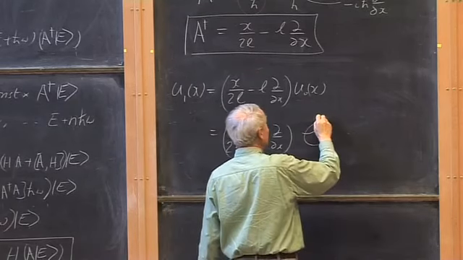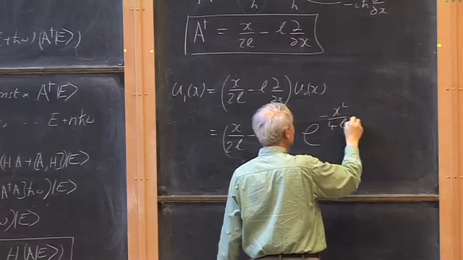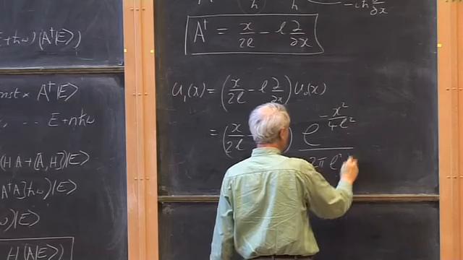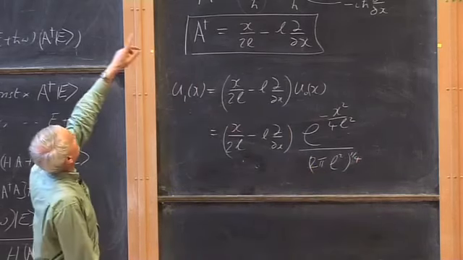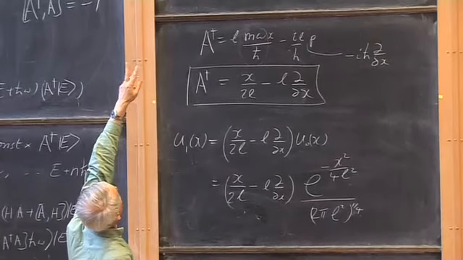Its business end is e to the minus x squared over 4L squared. And under here, I have to have a 2π L squared to the 1/4 power. This factor comes in as the normalization constant.